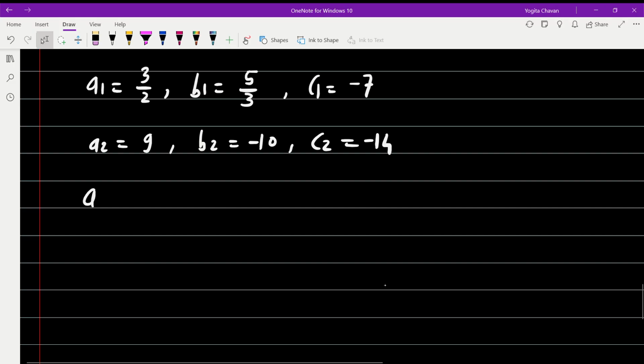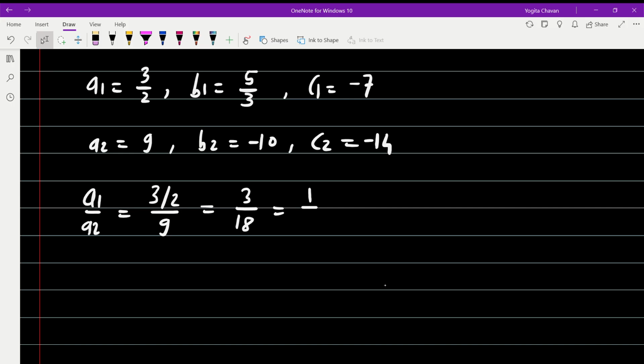Now a1 upon a2. So it is 3 by 2 upon 9, that is 3 by 18, 2 into 9, 18. So is equal to 1 by 6. And b1 upon b2 is equal to 5 by 3 upon minus 10. So it is 5 upon minus 30, and is equal to minus 1 by 6.